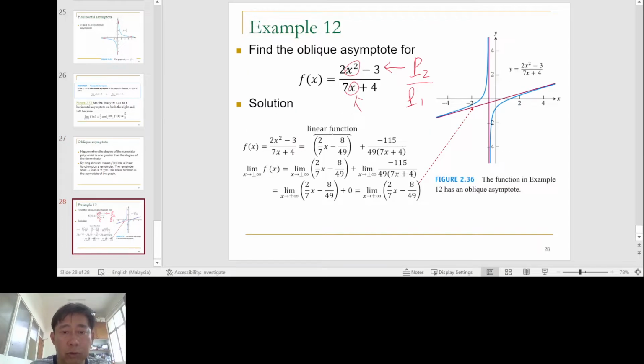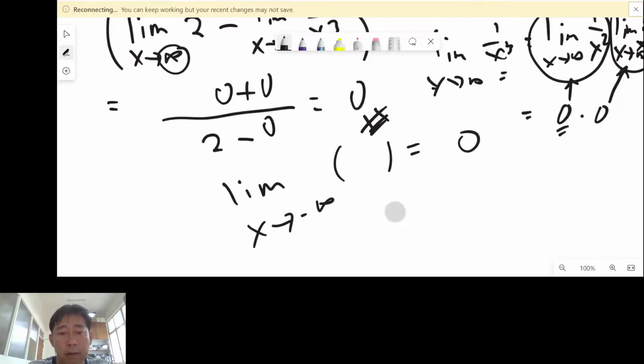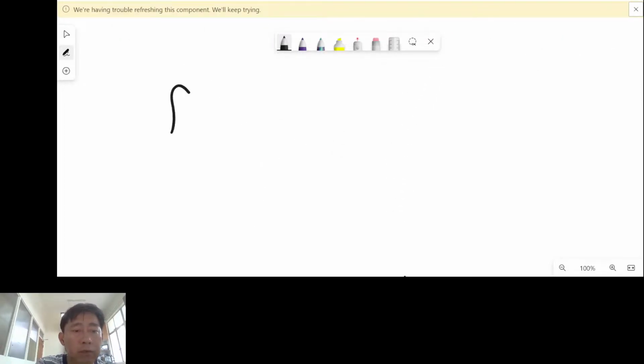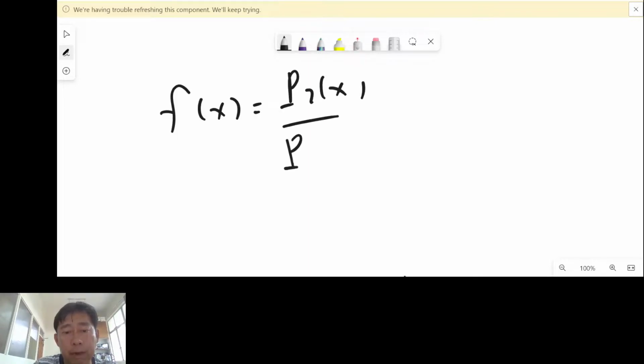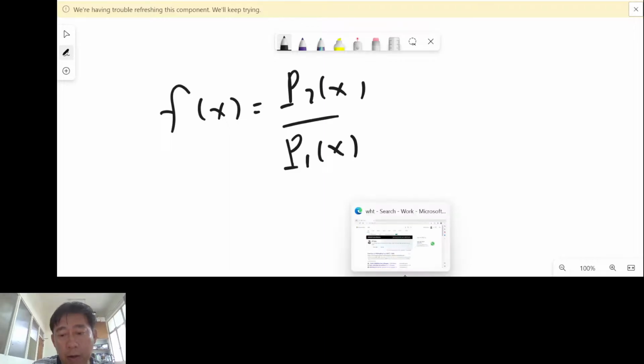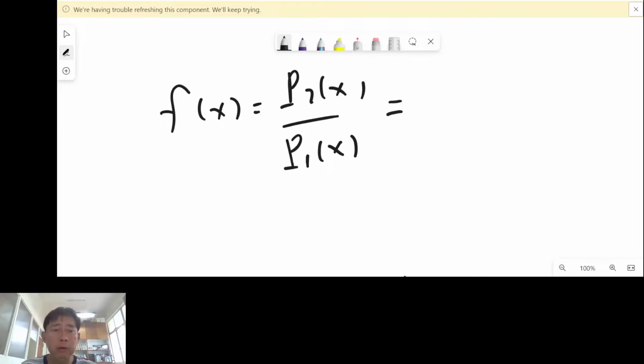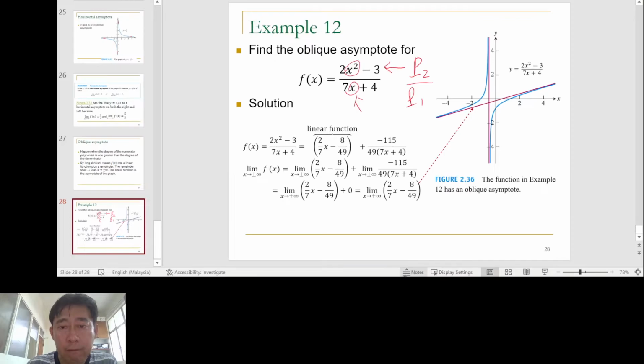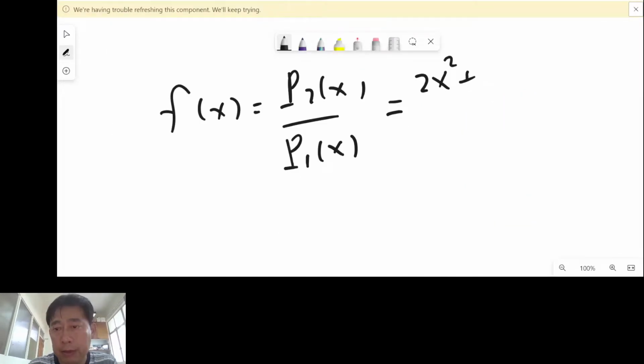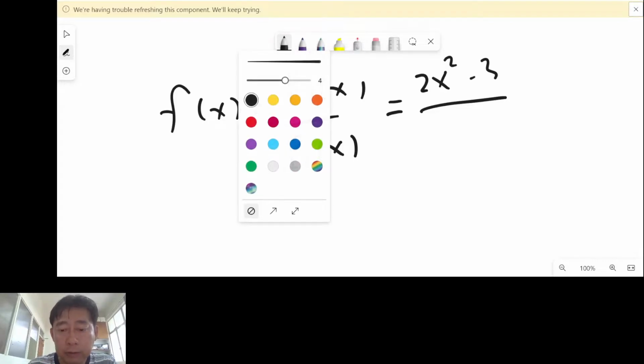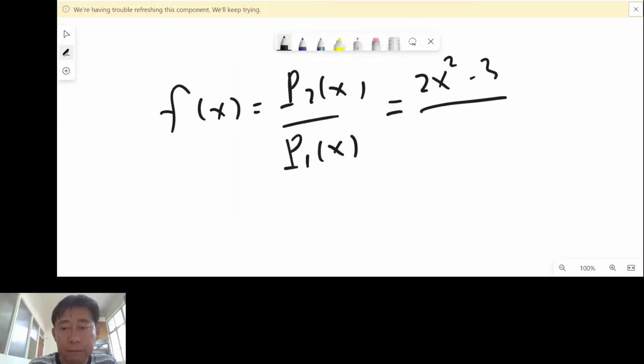Let us look at example 12. Example 12 is a rational function made up of a polynomial upstairs and a polynomial of an order which is 1 lower downstairs. Here we have 2x squared minus 3 upstairs, and downstairs is the function 7x plus 4.